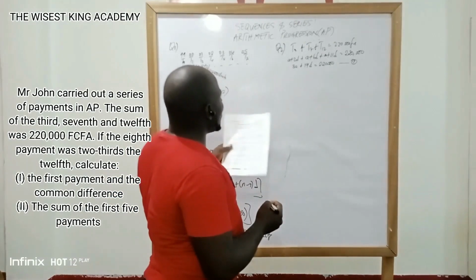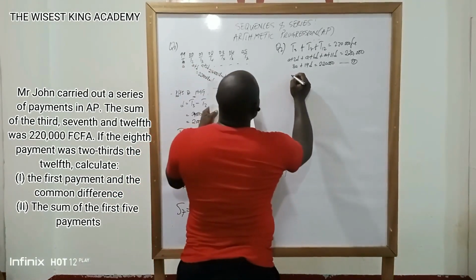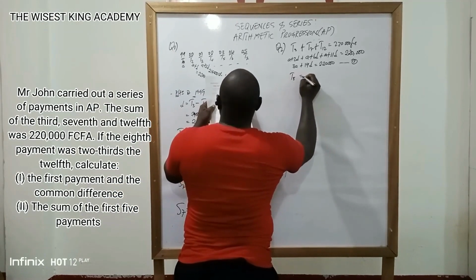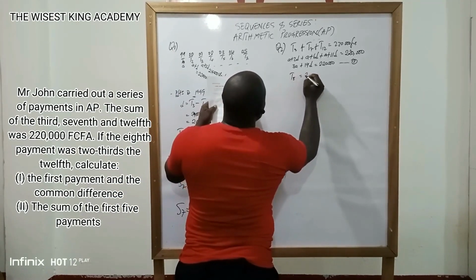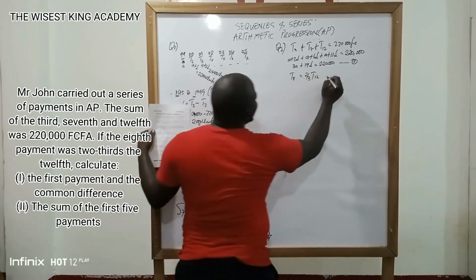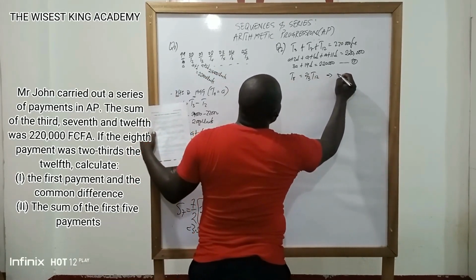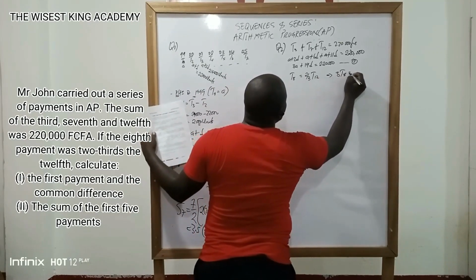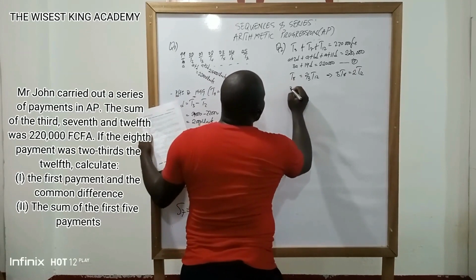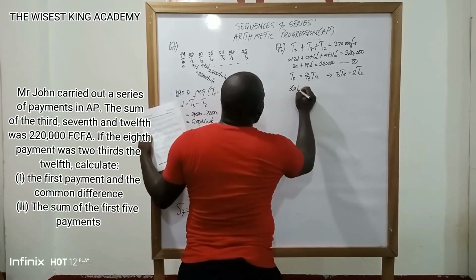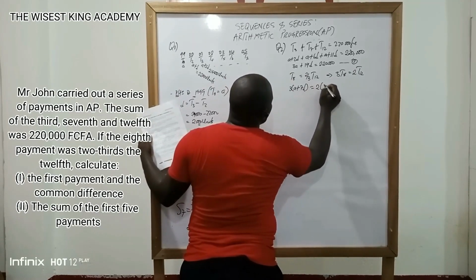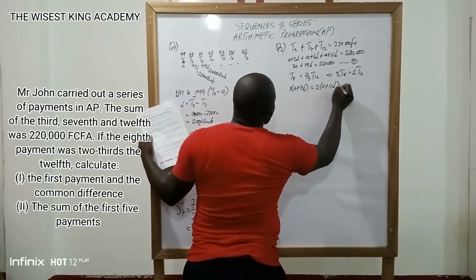Now let's come to the second relation. We are told that the 8th term is two thirds of the 12th term. T8 is equal to 2 over 3 T12. If we cross multiply, this will imply that 3T8 is equal to 2T12. Let's expand that. 3 times (A plus 7D) equals 2 times (A plus 11D).